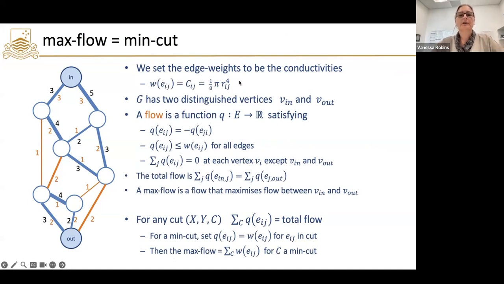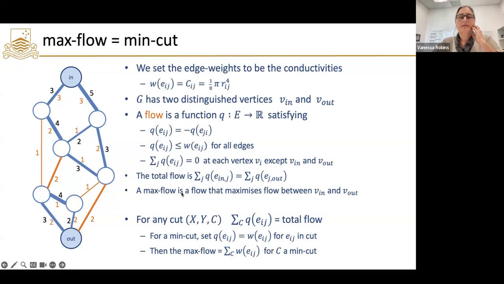All right, so now what we're going to do for our permeability study is we're going to set our weights equal to these conductivities. So remember, each edge we modeled by a little pipe, and we said the conductivity of an edge was the radius to the power of 4, and that is going to define our weights.